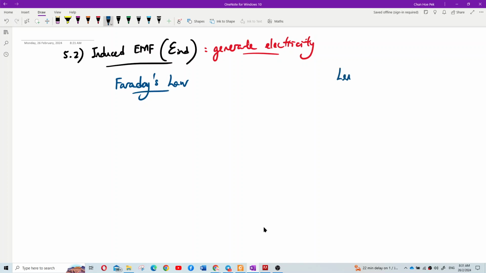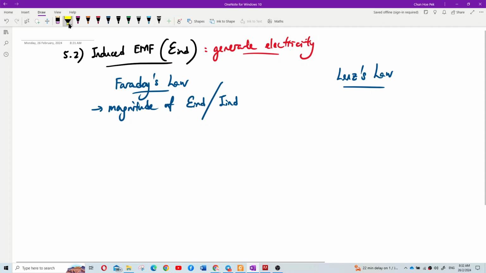And then we have Lenz's law. Faraday's law is used to determine the magnitude of induced EMF or induced current. It's talking about magnitude, that means how big is the electricity generated?